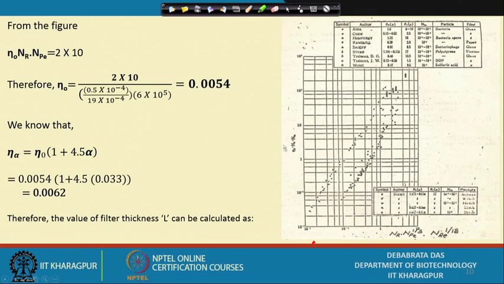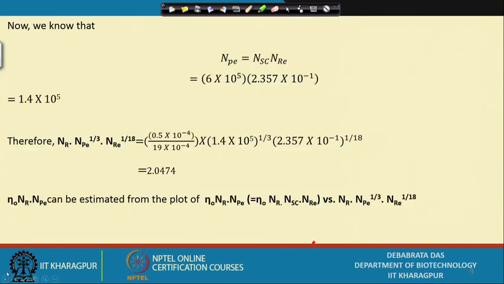This is correlated with the overall collection efficiency, N_R and Peclet number. So we can find this, and from this curve we can find out this particular value. Now if we find out this value, then we can find out the eta 0 value. Let us see how we have solved this.